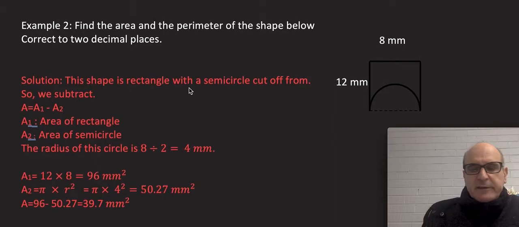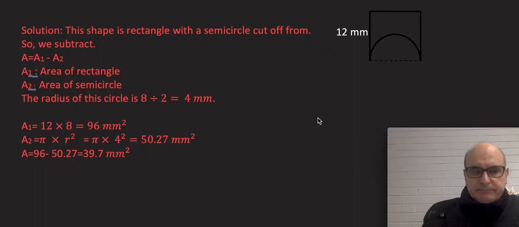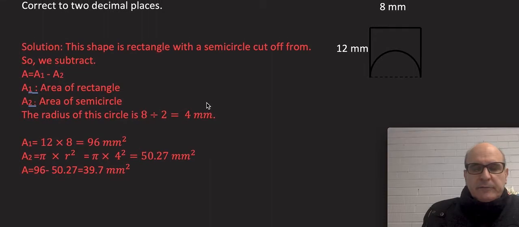As another example, here we have a composite shape again, and we need to find its area and its perimeter. So what we've done first is the area of a rectangle. Which rectangle are we talking about? Assume that this semicircle is not there.